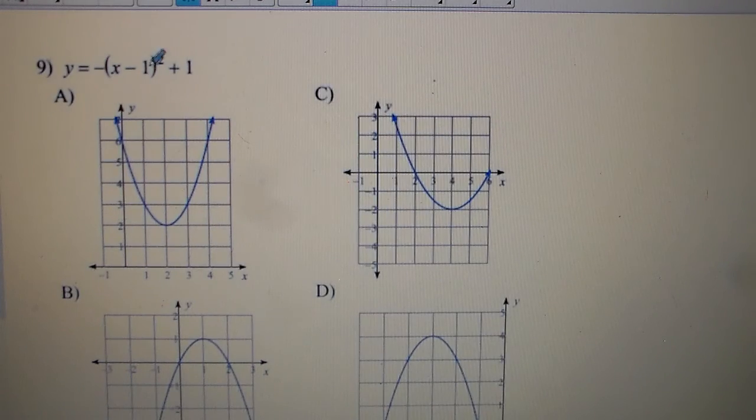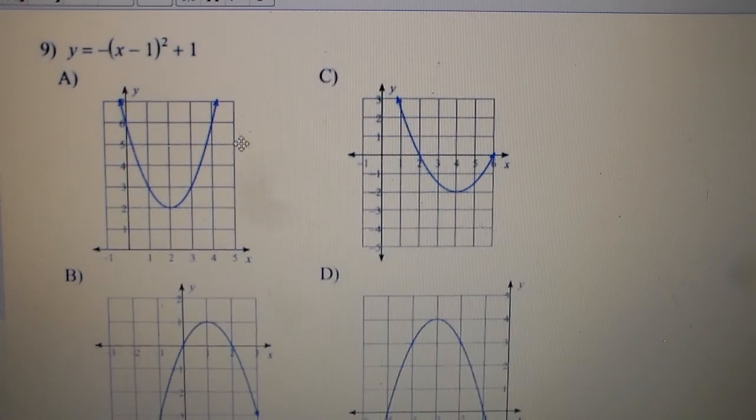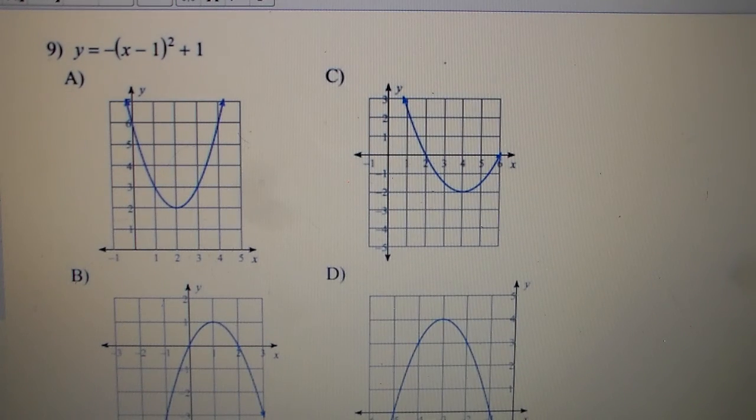Alright. Let's do one more with number 9, as far as the multiple choice. And then we'll be done. So we first find the vertex. Well, the opposite of -1 is +1. And then on the outside, it's also +1. So our vertex is 1, 1. This one says 2, 2. So you know option A does not work out. Option C, 1, 1.